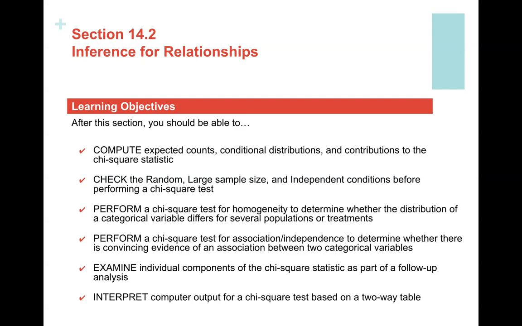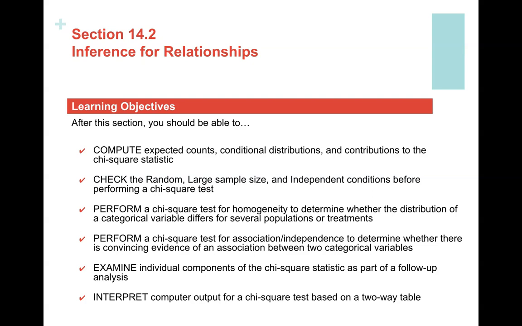If you think all the way back to chapter 2, we learned about bivariate data and two-way tables, and what it means if there's an association or not. If the distribution is the same, that means there's no relationship, no association.